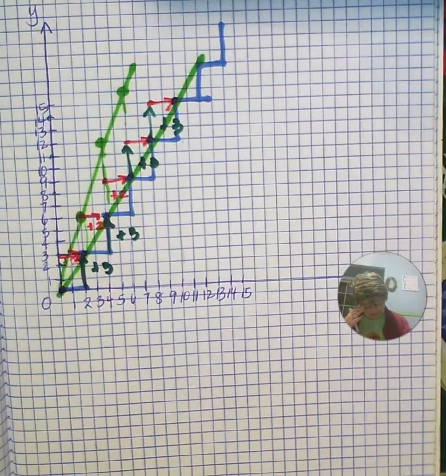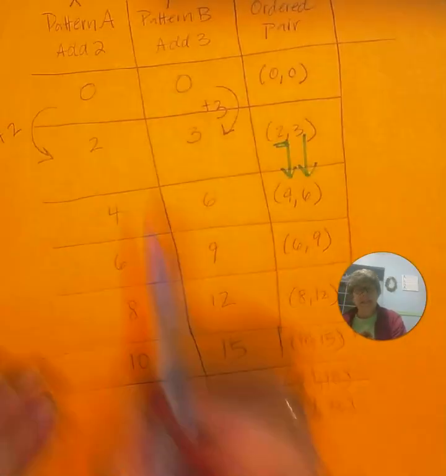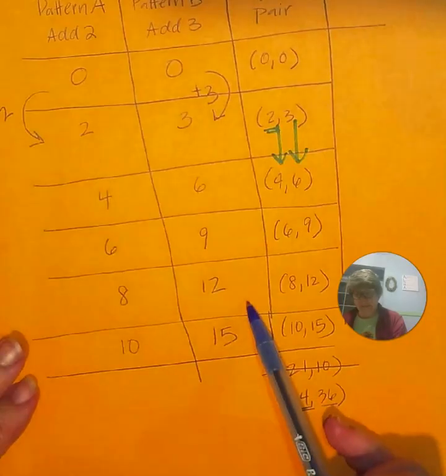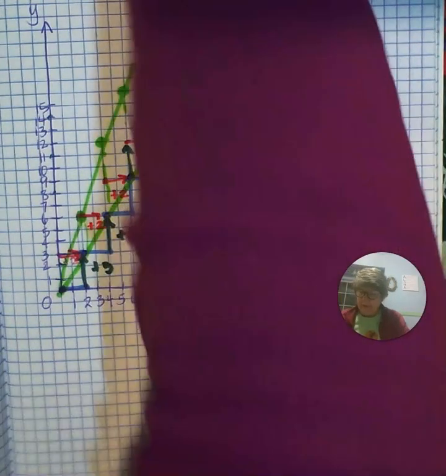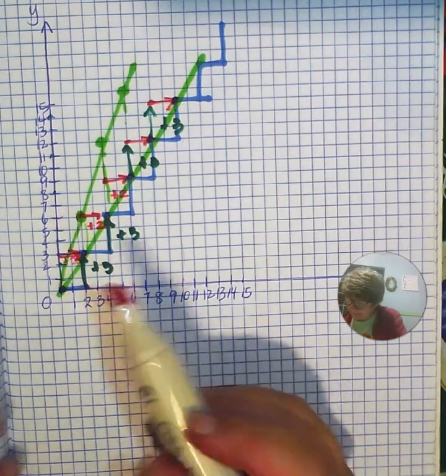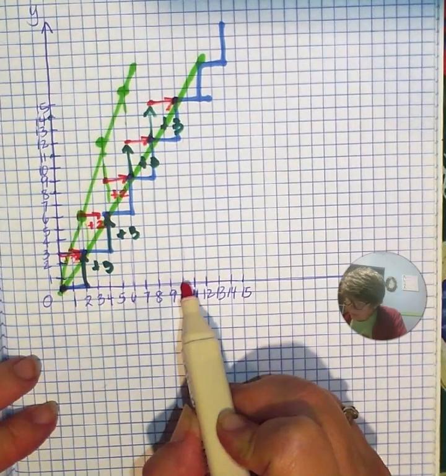How about if A added 10, but B stayed the same? What if A was adding 10 and B was still adding 3? Ooh, that's tricky, huh? Let's try a red pen. A is adding 10, so instead of 2, we're going all the way to 10, but we're still going up by 3.